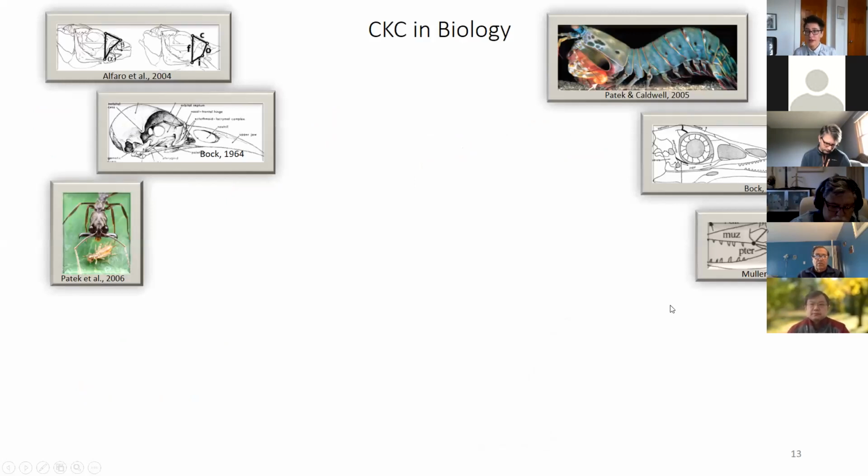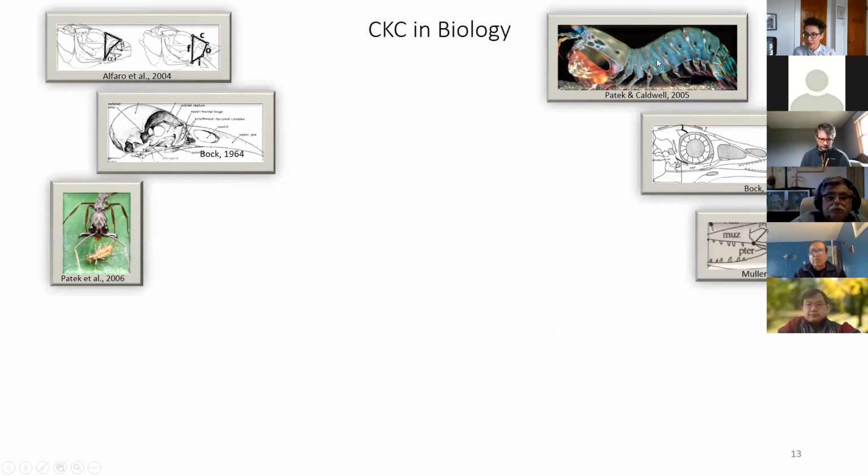Zoologists have studied closed kinematic chains for a really long time. Every animal uses closed kinematic chains primarily in its feeding apparatus because it's effective, it's energy saving, it's just cheapest metabolically. The most celebrated example, I think you are familiar with, is the peacock mantis shrimp.